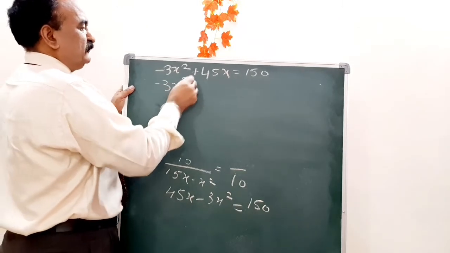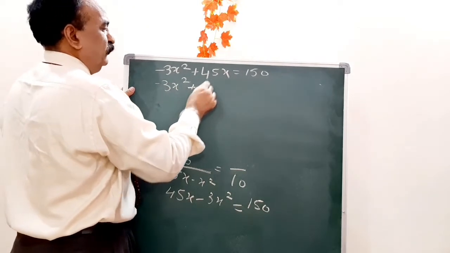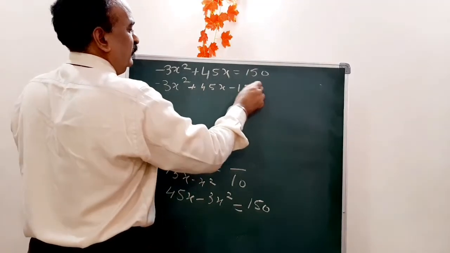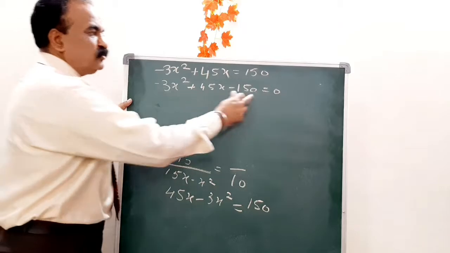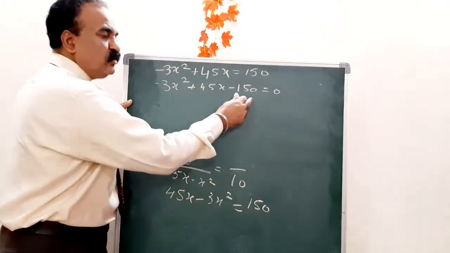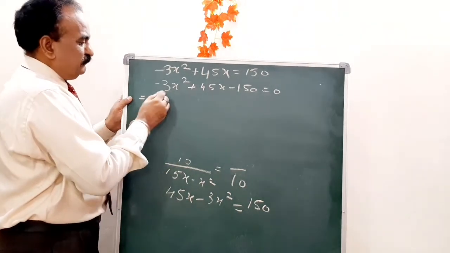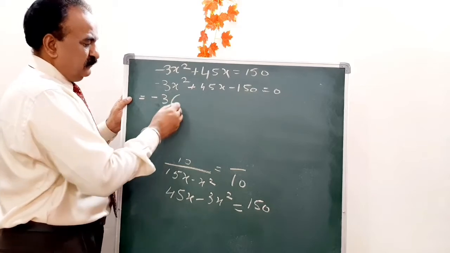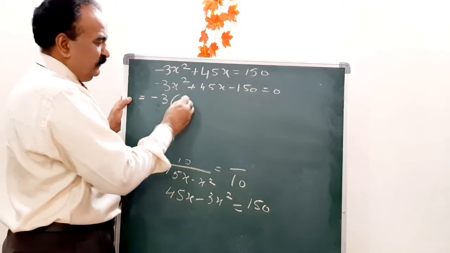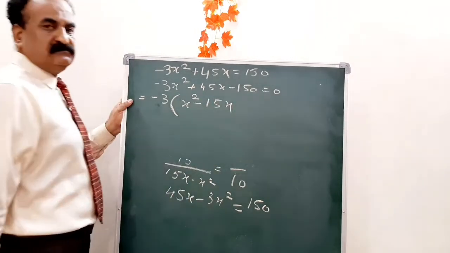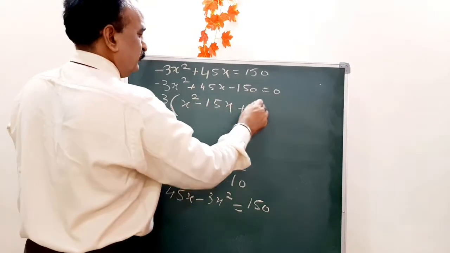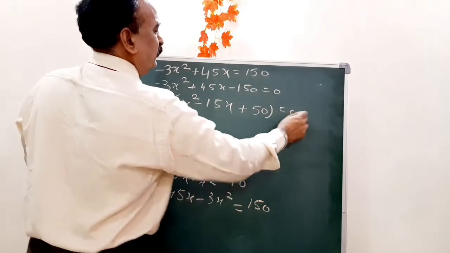So minus 3x square plus 45x minus 150 equal to 0. Now you can take minus common from this and you can take 3 also common from here. You can take minus 3 common. In the bracket it will be x square minus 15x plus 50 equal to 0.